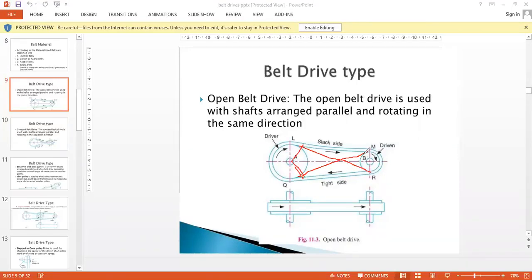And similarly, if you look here, the belt is going to be in contact with the pulley from here. So such a large angle. Okay, right? This is also very important. This is another difference between open belt drive and cross belt drive. In open belt drive, the arc of contact is lesser, and in cross belt drive, the arc of contact is higher.